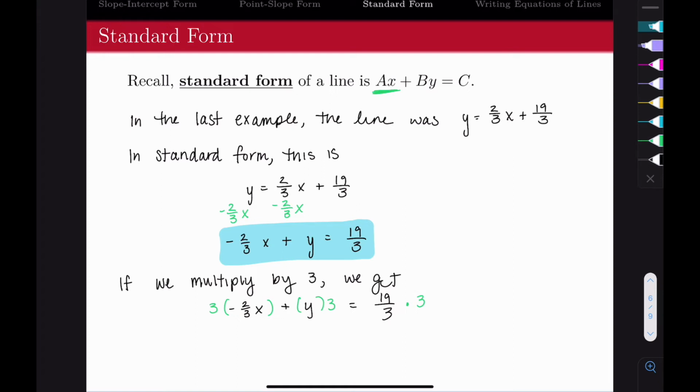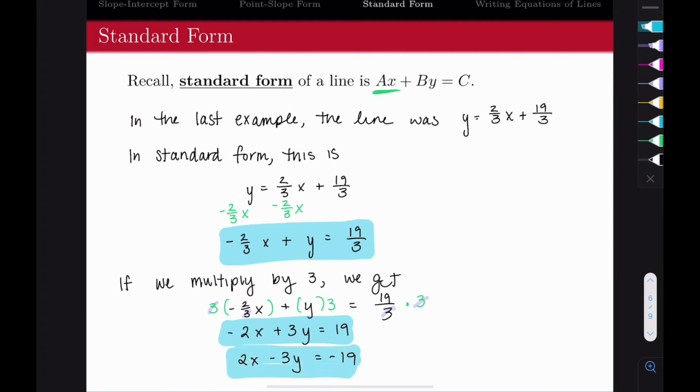And in doing so, it ends up wiping these fractions. So that gives us negative 2x plus 3y equals 19. Just looks a little bit nicer. Or you can also change the sign on everything, like you're dividing by -1, and that is another version of standard form.